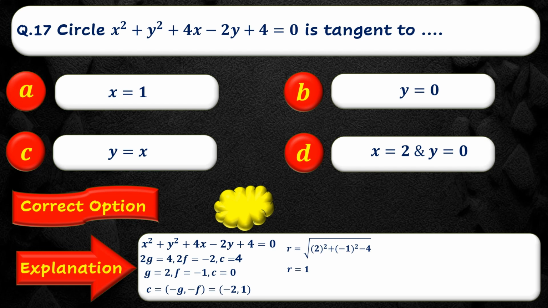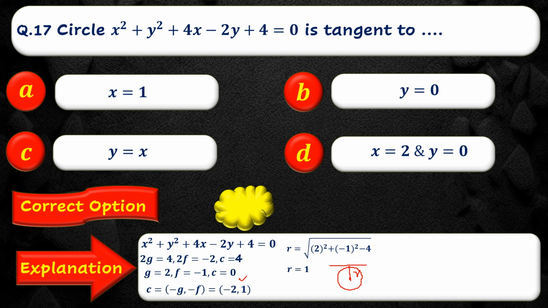Now, if we want to check whether a line is tangent to circle or not, we apply the fact that the distance between center of circle and line must be equal to radius of circle. Now we find the distance of the center from these lines one by one.